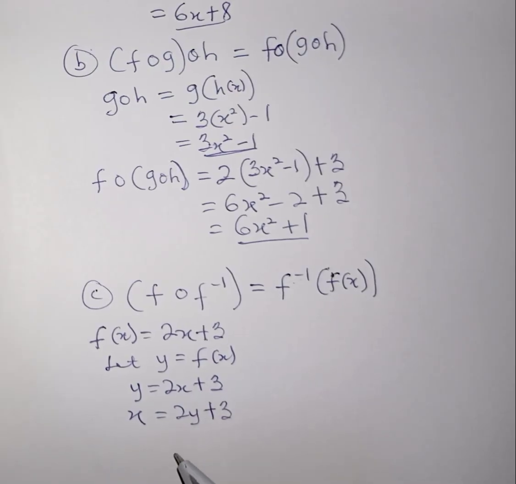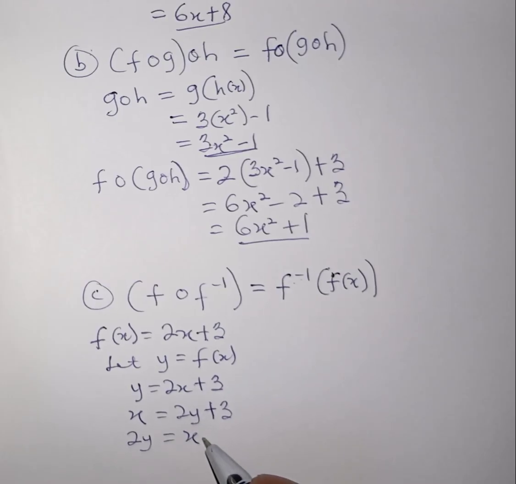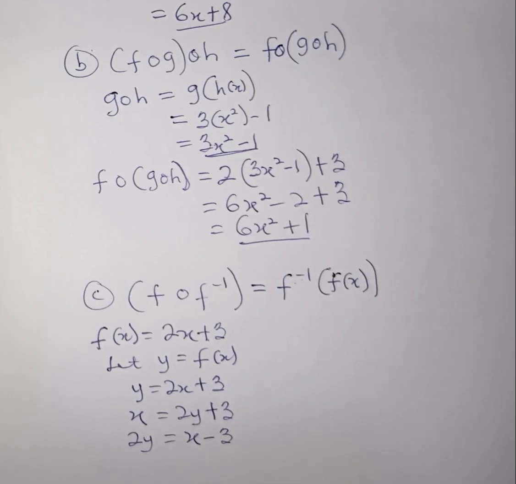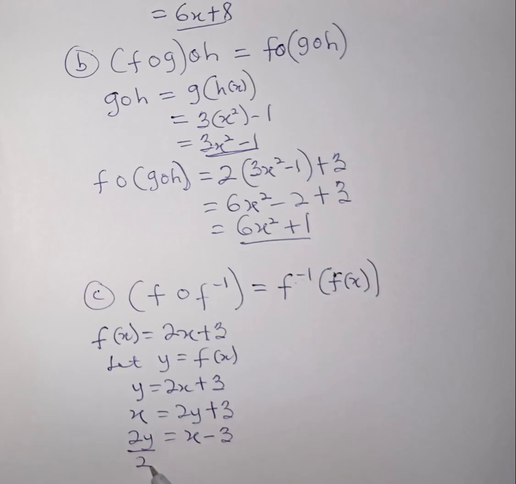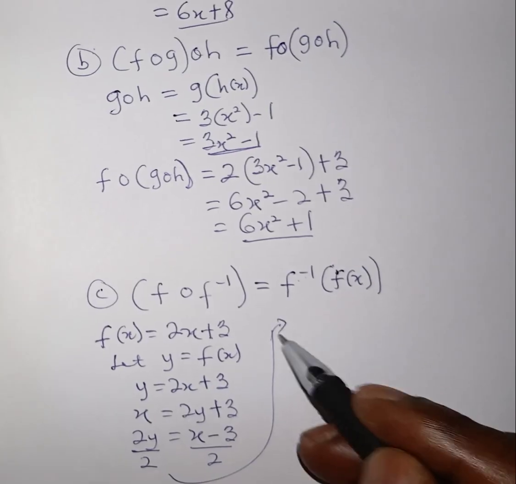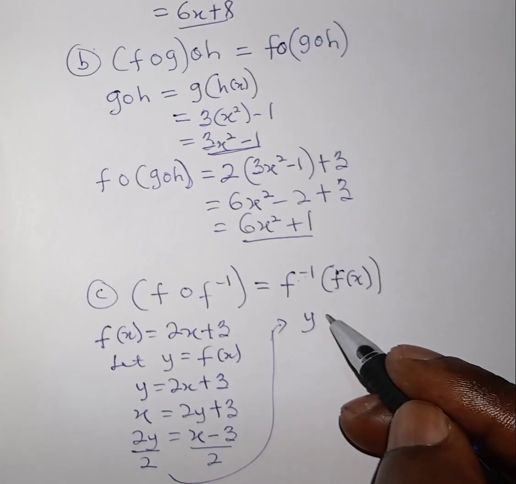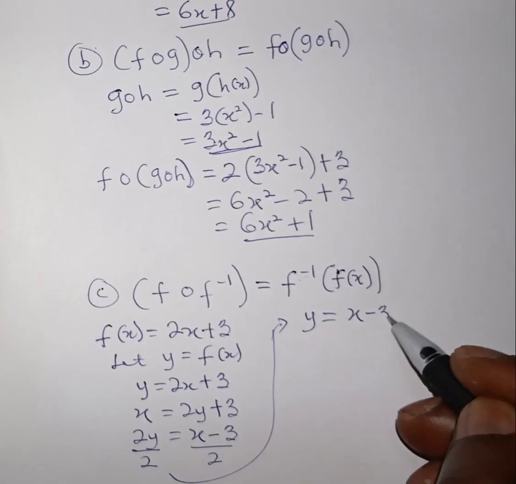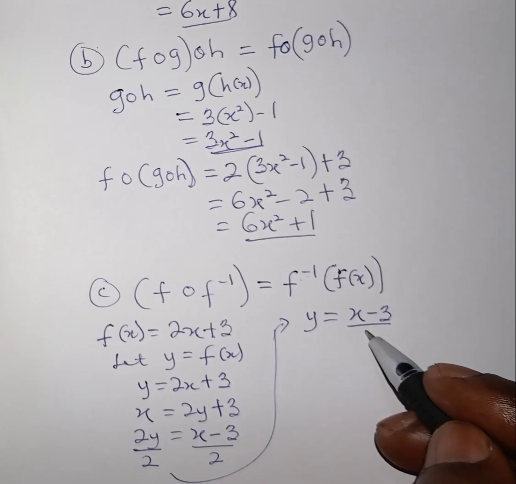Then you solve for y. That means you make y the subject. Then I can write 2y is equal to x minus 3. Am I right? Yes, I only send this one here, transpose 3 here to make it negative and maintain this, but I just change their position. Now we just divide both sides by 2, which will give me y is equal to x minus 3 divided by 2.